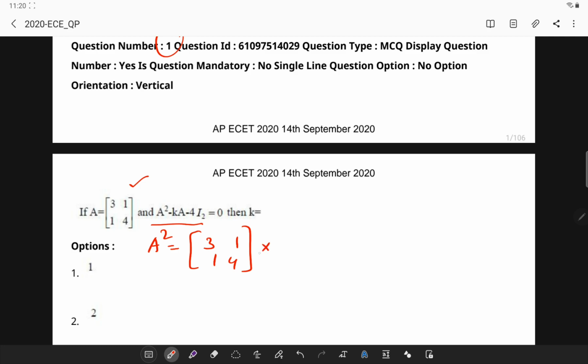A square is 3114. 3 3s are 9, so 9 plus 1 is 10, and 3 ones are 3 plus 4 is 7, and 1 into 3 plus 4 into 1 is 7, and 1 into 1 plus 4 into 4 is 17.